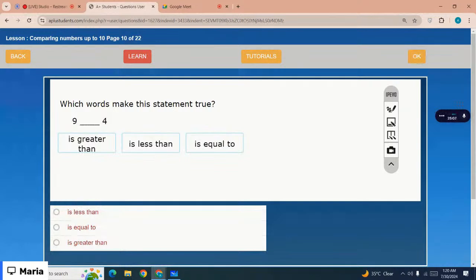Which words make the statement true? 9 and 4, which is the correct option?